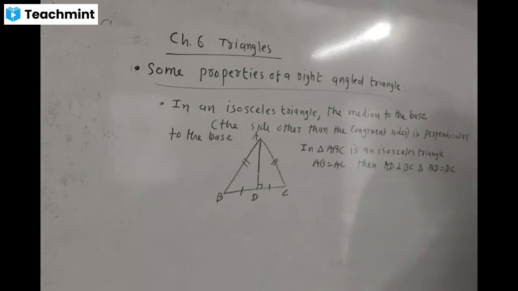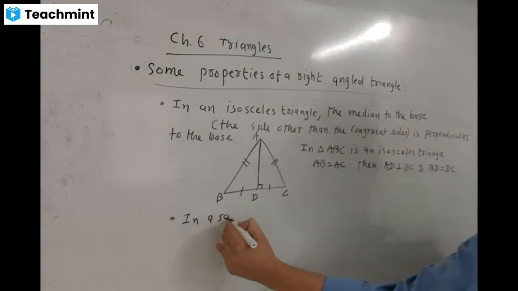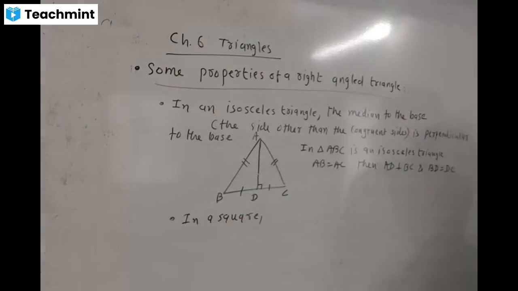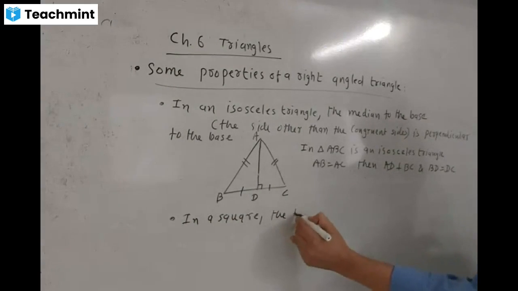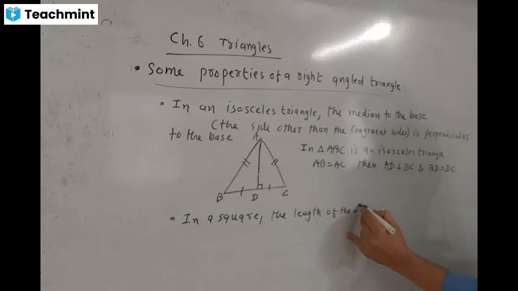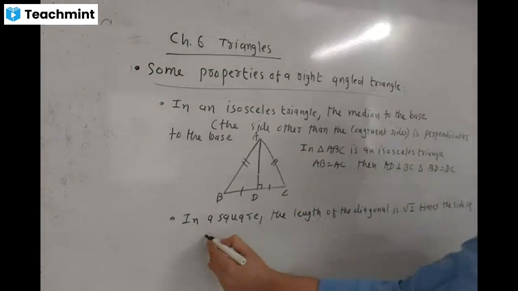Okay, चलो second point. In a square, the length of the diagonal is root 2 times the side of a square.